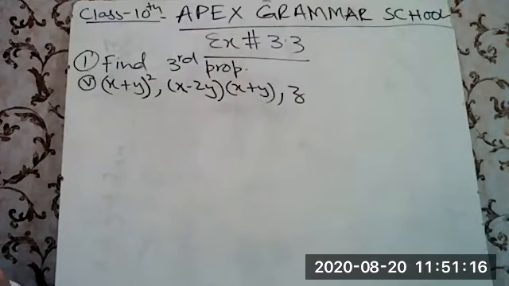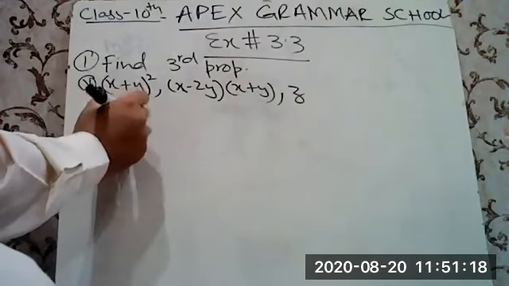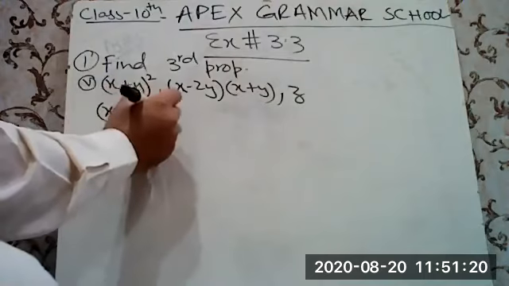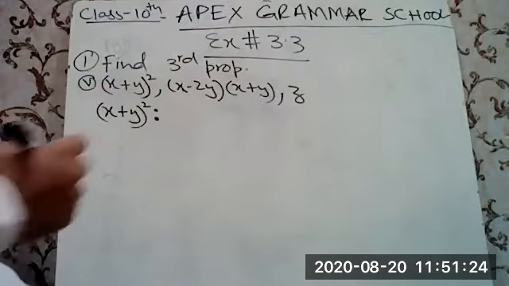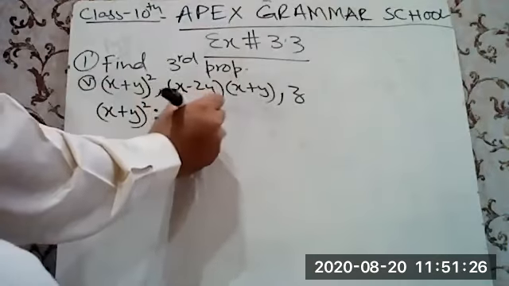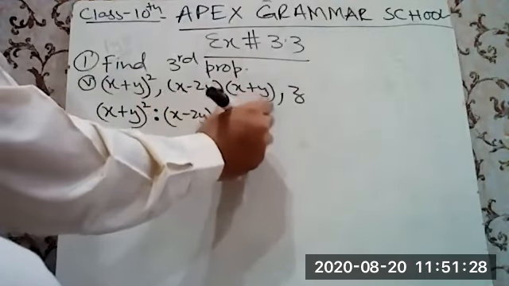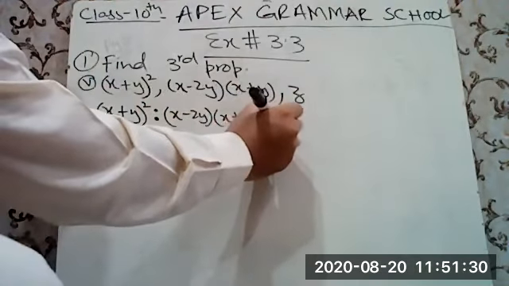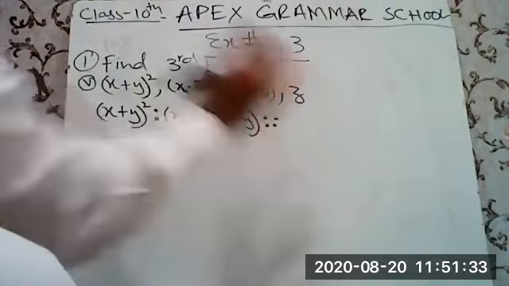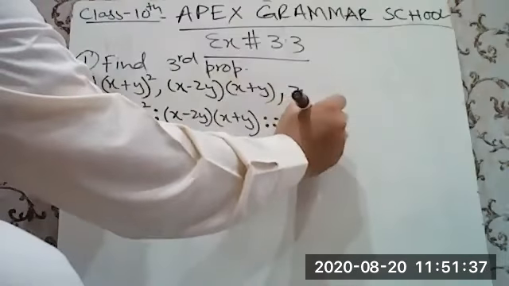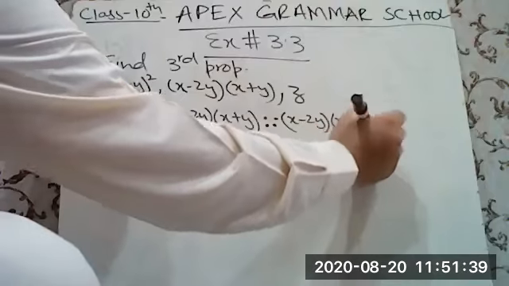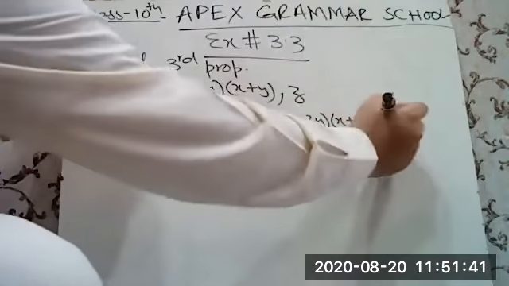So now, (x plus y) whole square, ratio, then write once (x minus 2y) into (x plus y). After the proportion sign, repeat this expression again, (x minus 2y) and (x plus y), and then z.